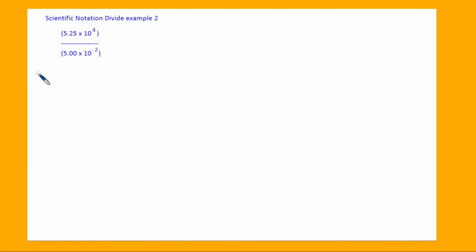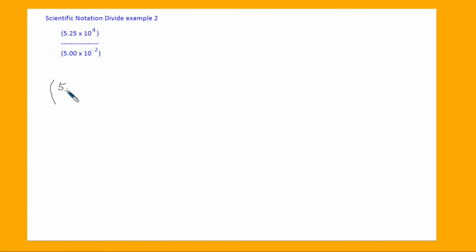This is the second example of using scientific notation to divide two values. And in this one, notice that we are going to divide by 10 to the minus 2. So before we used positive exponents. In this example, I have one that is a negative exponent. So as before, we will start by breaking out our exponents from the number part.